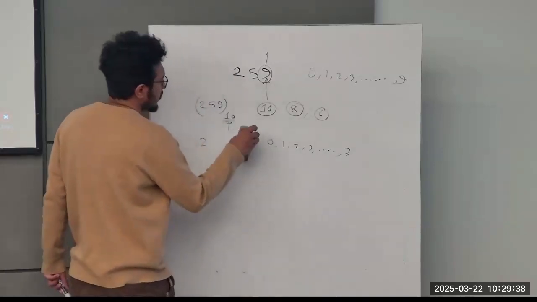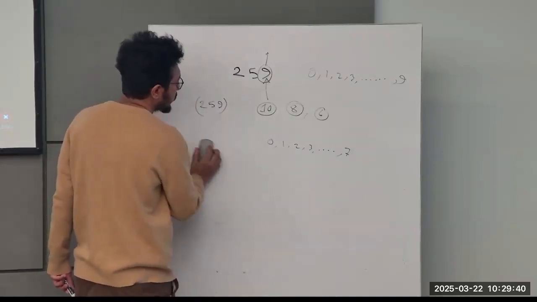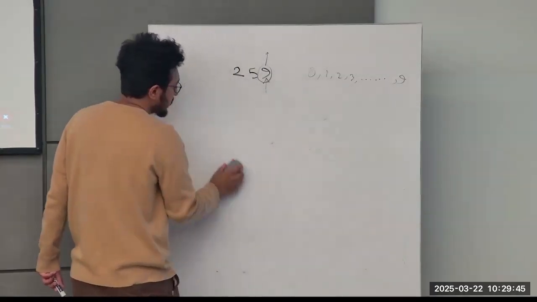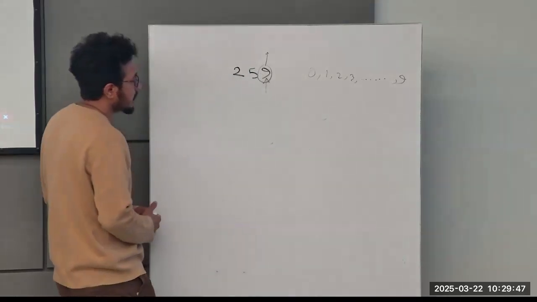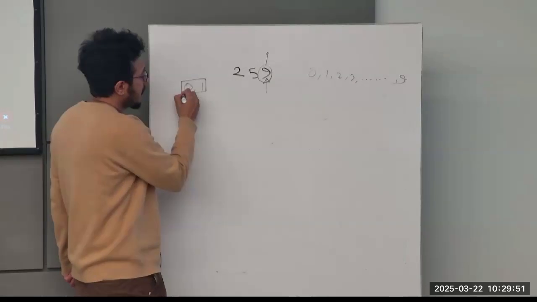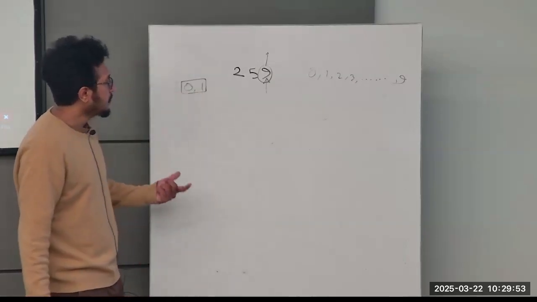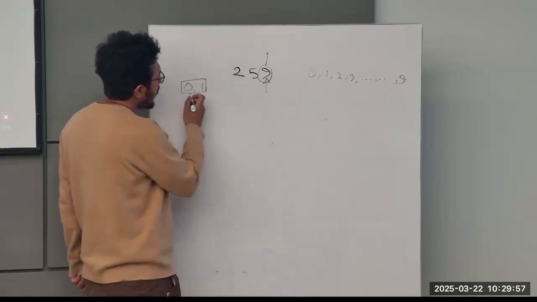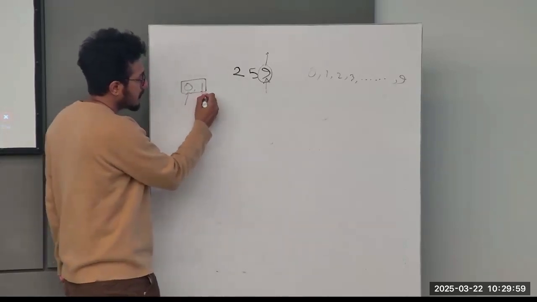But in a computer, we work with binary numbers. That means a computer can recognize either 0 or 1. Any number we give the computer, in any of the digits, we only have two options, 0 or 1.